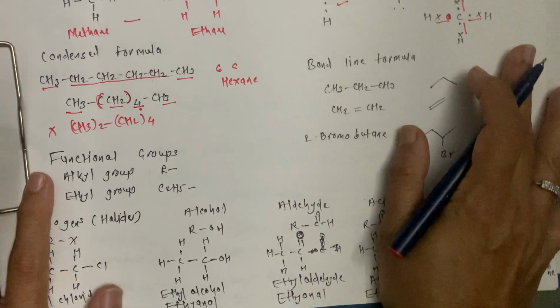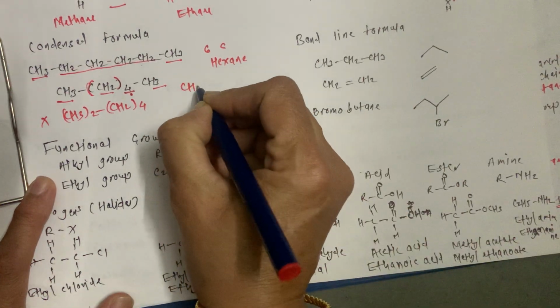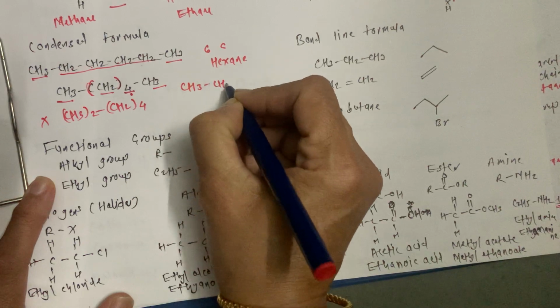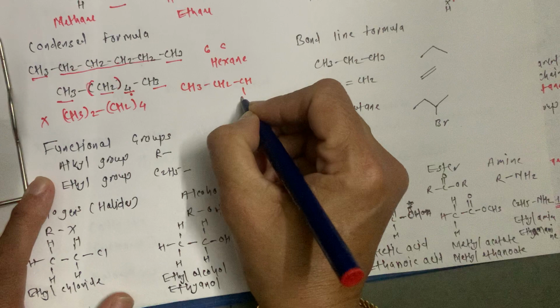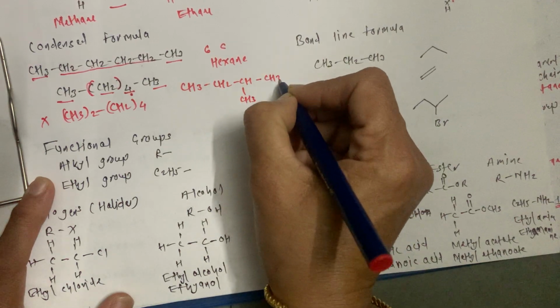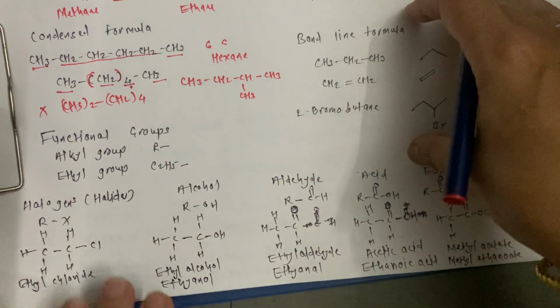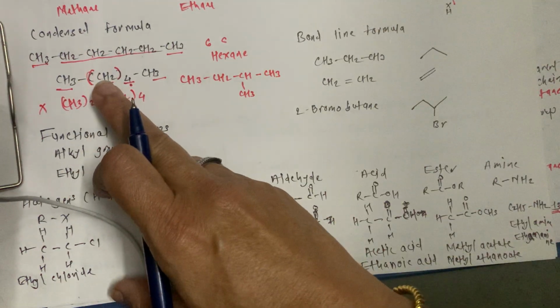Okay, now suppose the structure is like this: CH3, CH2, CH, CH3 and CH3. Okay, so can you reduce it like this?